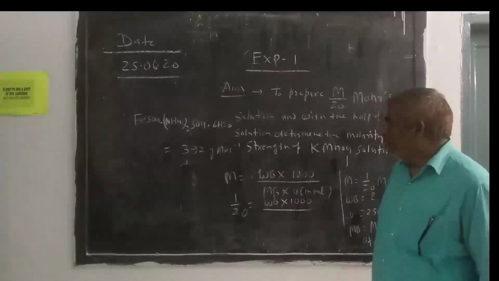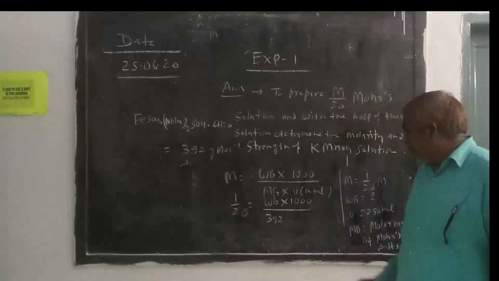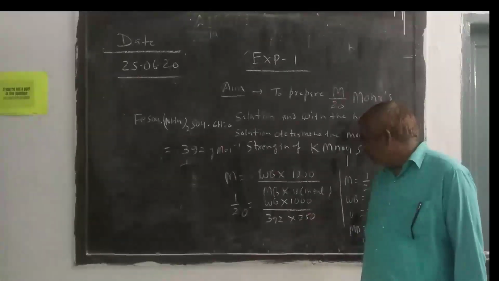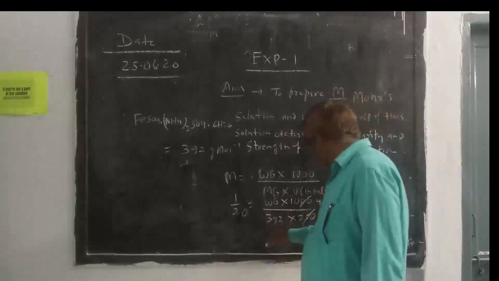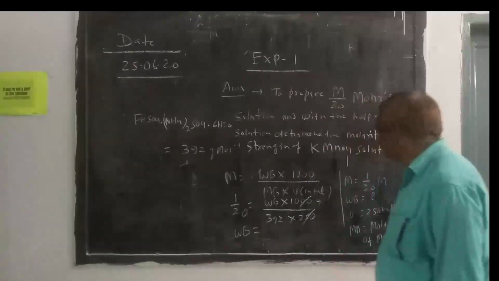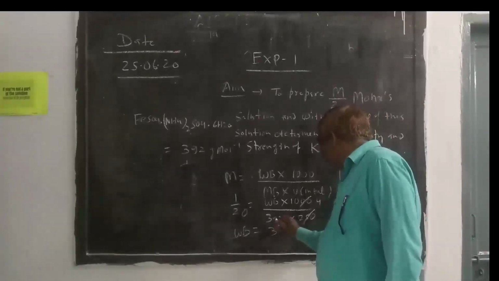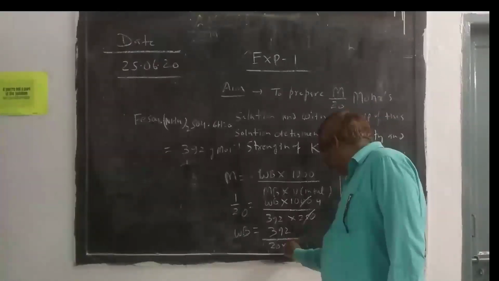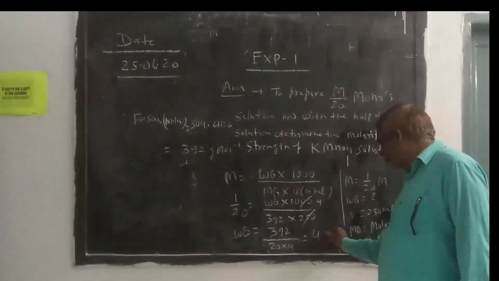Molar mass we have calculated, 392, the molar mass of Mohr's salt, and volume of the solution to prepare is 250 ml, or 250 is 1000 divided by 4. So WB equals 392 divided by 20 into 4, and in the simplified form it is 4.9 gram.